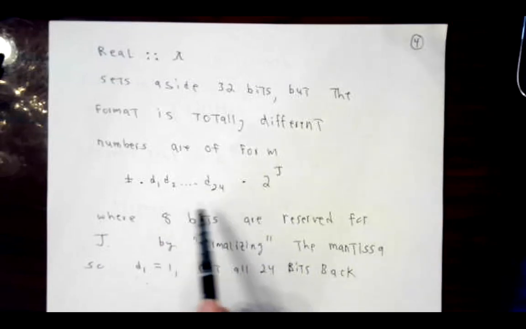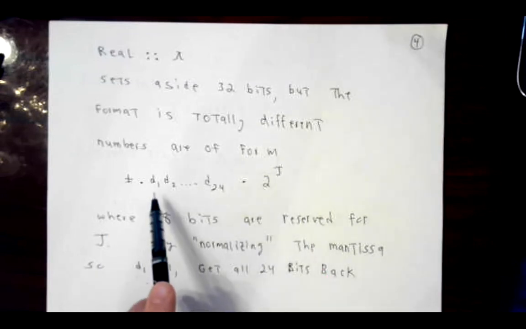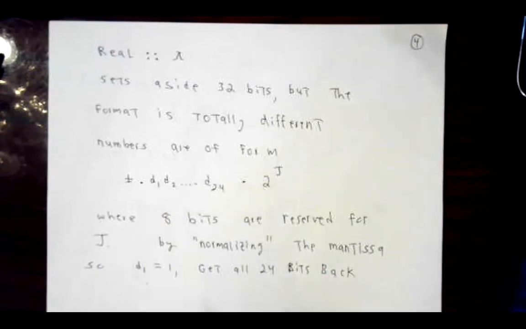Each one of these bits is either 0 or 1. We can always make changes in the number, shifting the digits one way or the other and changing the value of j to make this first one, d1, equal to 1. This is called normalizing the number.